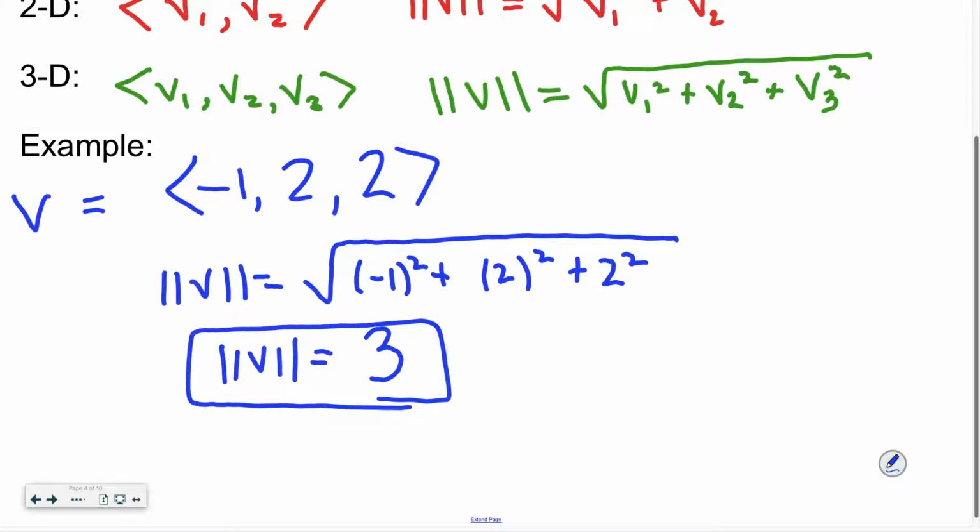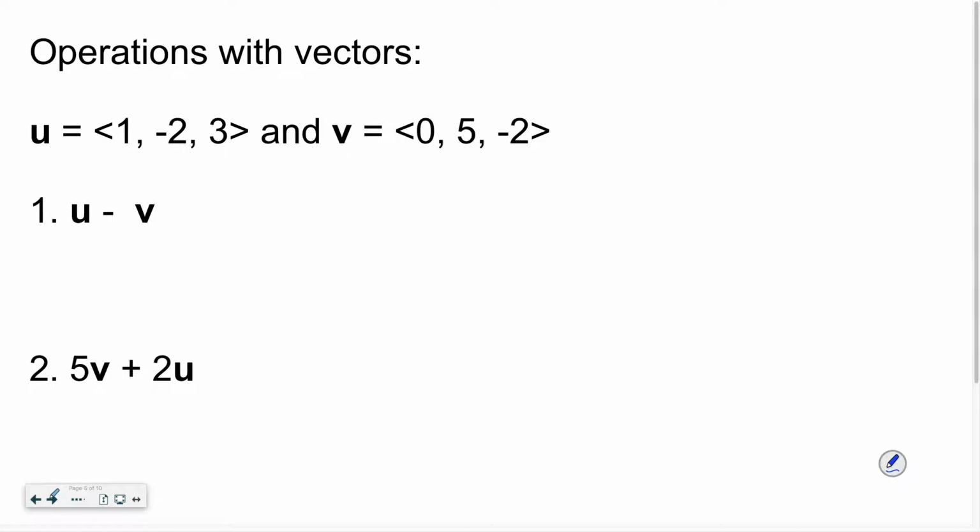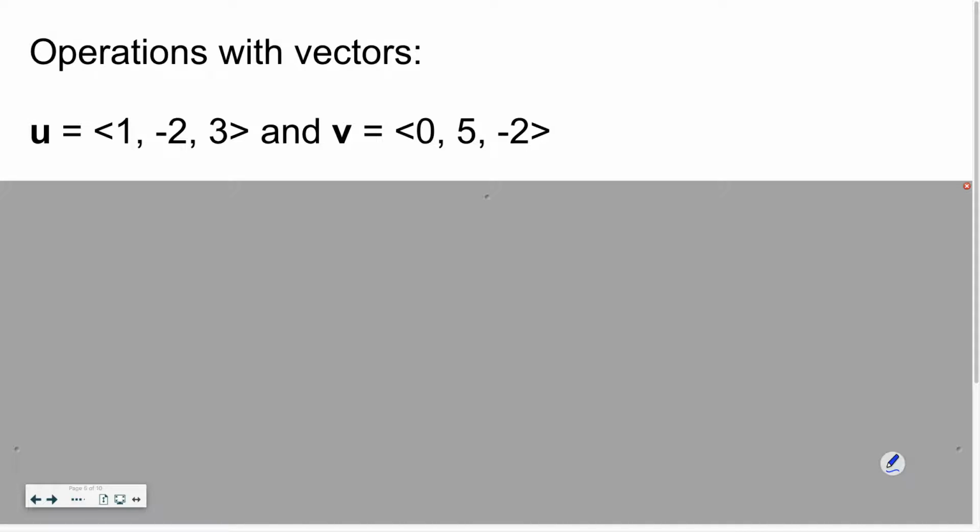Okay? I do want to remind you the different operations that we can do with vectors. So, we'll start here. Go ahead and write down vector u and vector v.